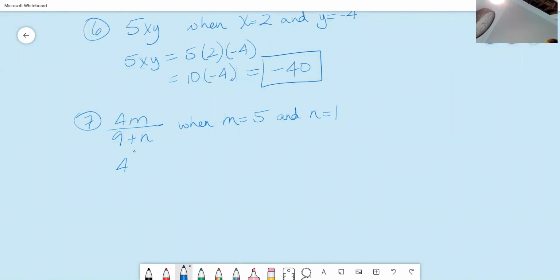Okay, so 4m over 9 plus n equals 4 times 5 divided by 9 plus 1. So go ahead and simplify your numerator and your denominator. 4 times 5 is 20. 9 plus 1 is 10. Well, that's super easy. We're left with 2 over 1, which is 2.